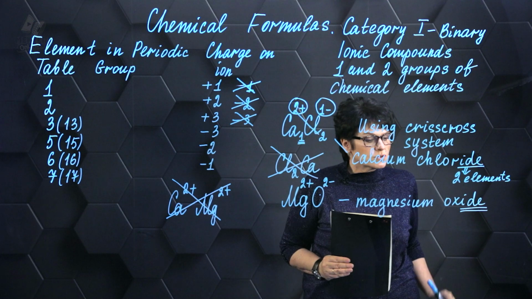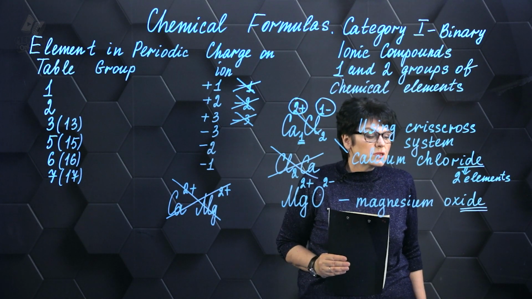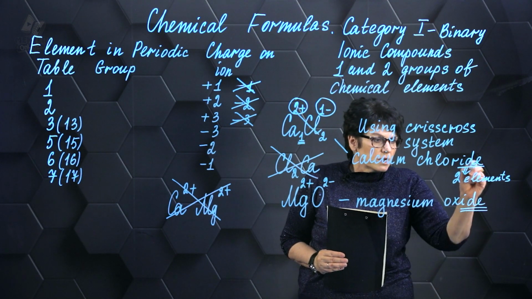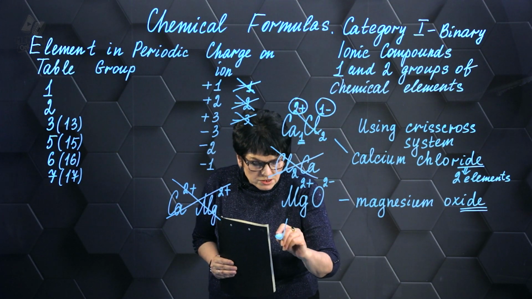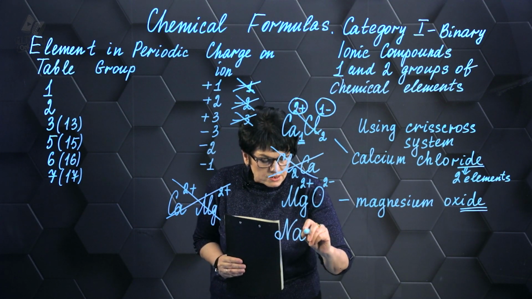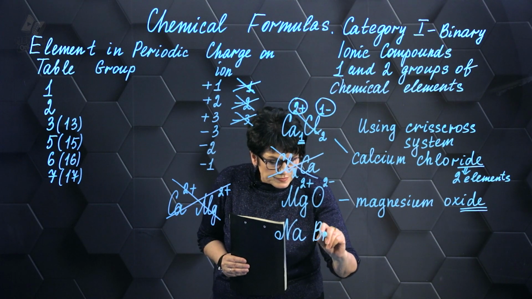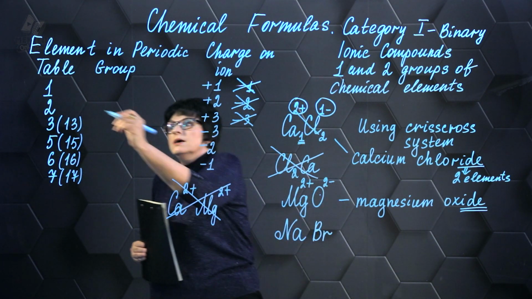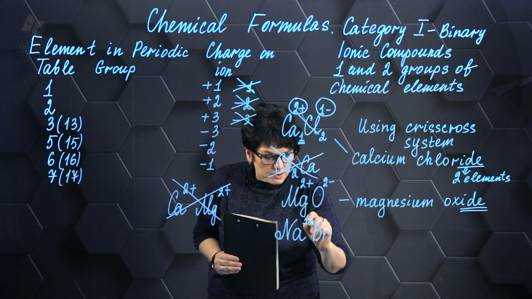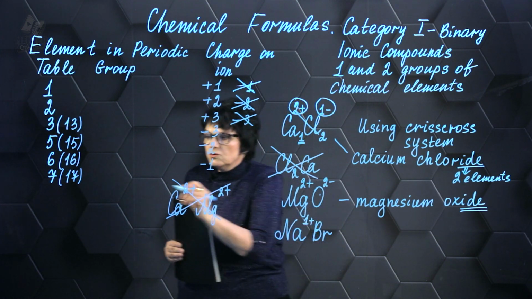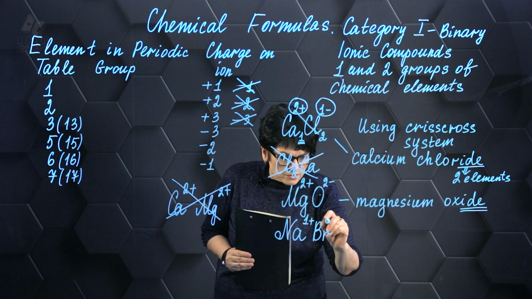And please pay attention, the suffix ending will also be identical, just like it is here. Following that, we can proceed to devise a formula for a compound composed of sodium and bromine. Okay, sodium is found in the first group, thus its charge is +1 due to the loss of 1 electron. And bromine is in the 7th group, accordingly -1.